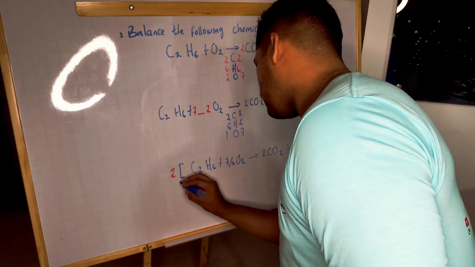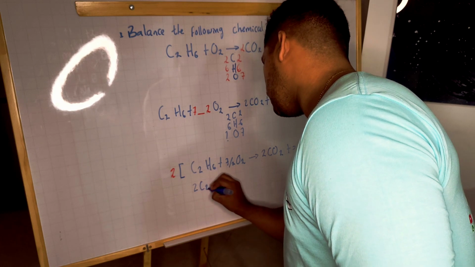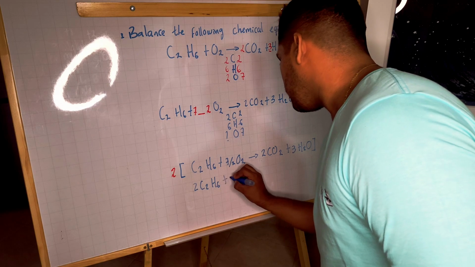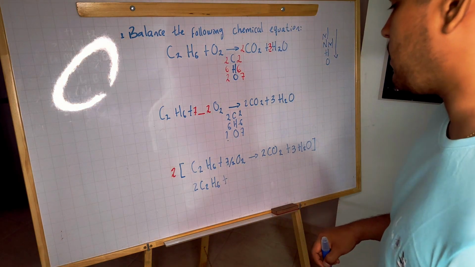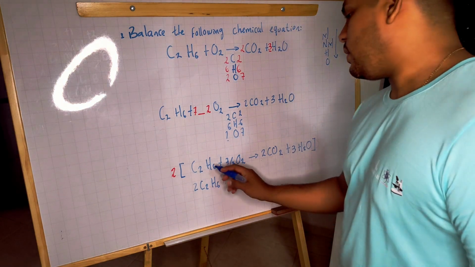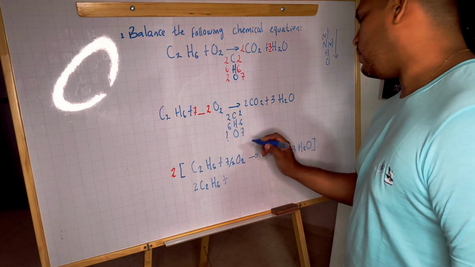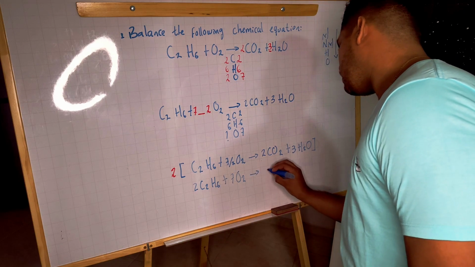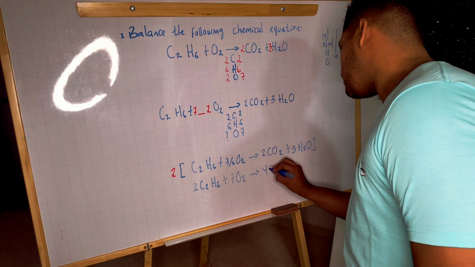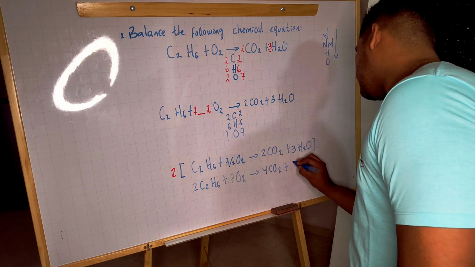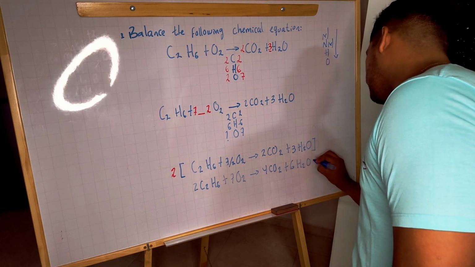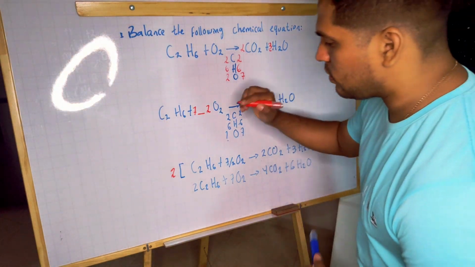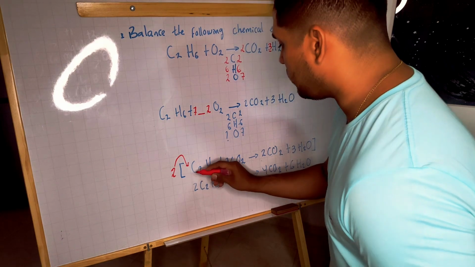I would say 2 times this molecule, 2 C₂H₆, plus I basically can cancel out these, and this other one is multiplied, so I would say 7 O₂ equals 4 CO₂ plus 6 water molecules. Okay, so remember what I am doing, I'm multiplying this, right?